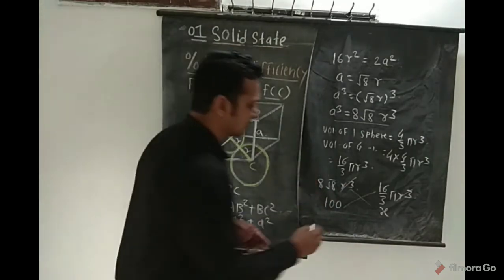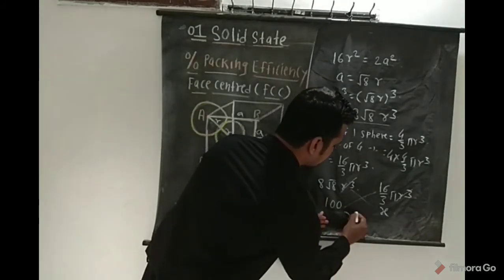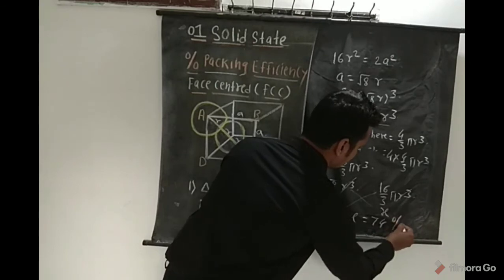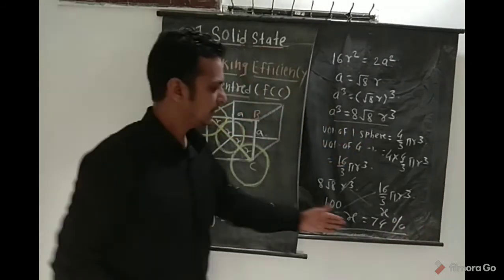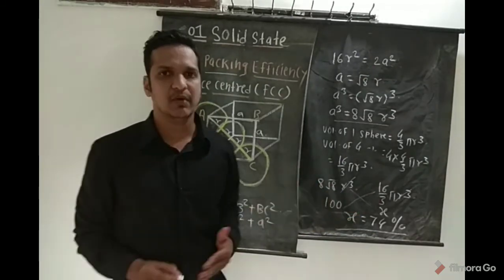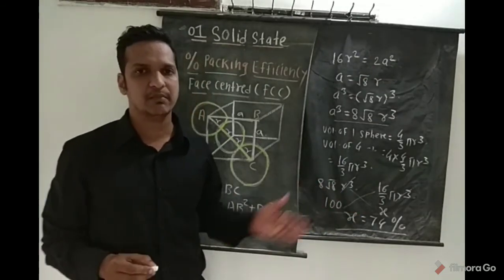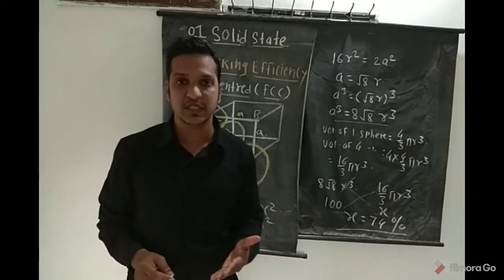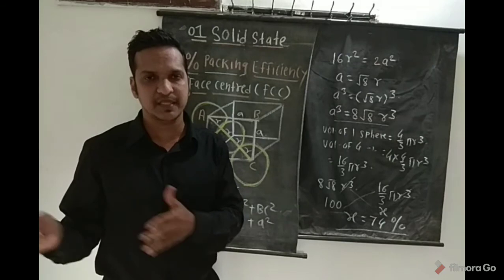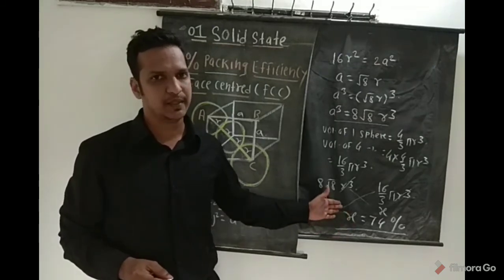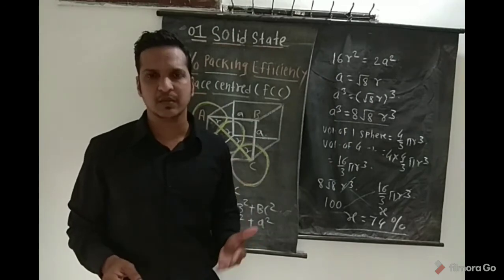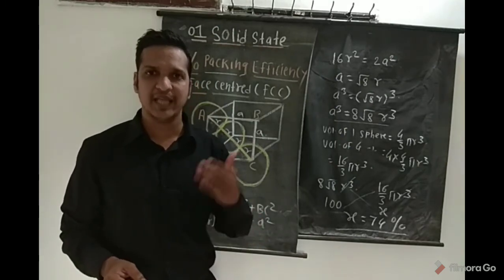So I got the final answer, x is equal to 74%, which is the packing efficiency of FCC. Or we can say that the volume occupied by 4 spheres or 4 atoms in FCC is equal to 74%.